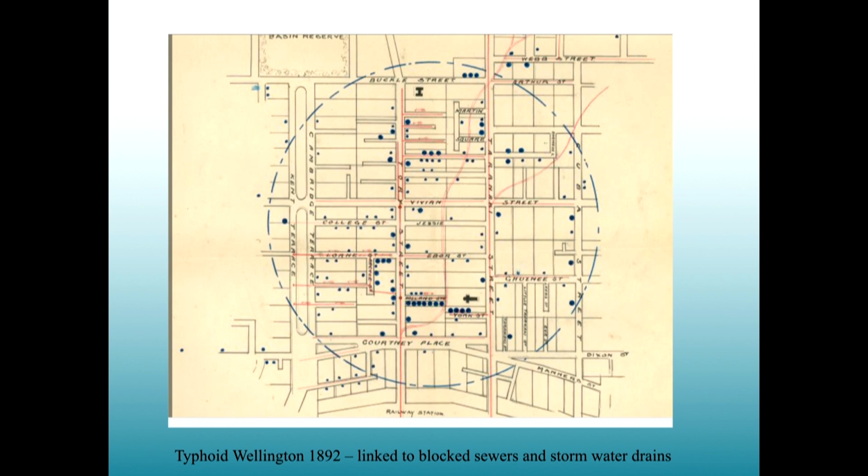You may recognise some of the street names there, Tory Street, Courtenay Place, and there was a big cluster of typhoid cases at that time. So someone did some clever mapping work and figured out that they were close to stormwater and sewer pipes, which were blocking off. So this, as was alluded to earlier today by Brent, this need to separate wastewater from drinking water, we've understood for quite a long time.